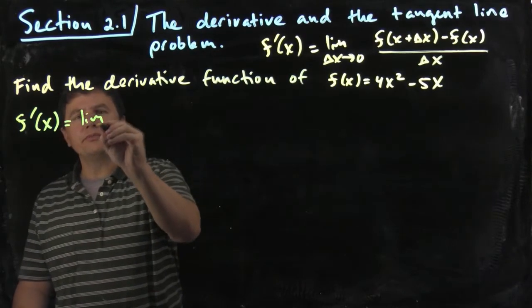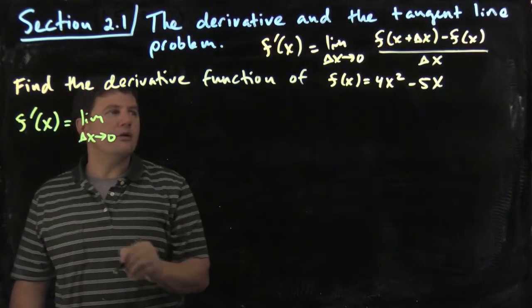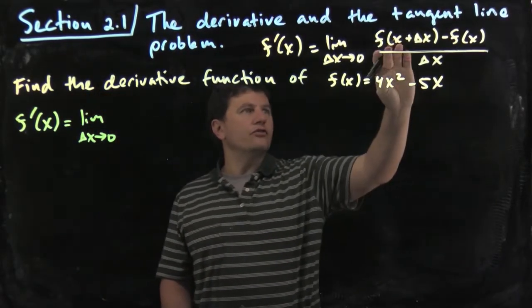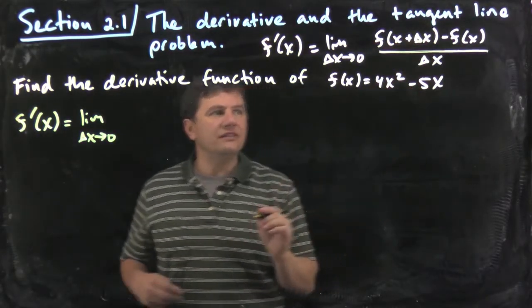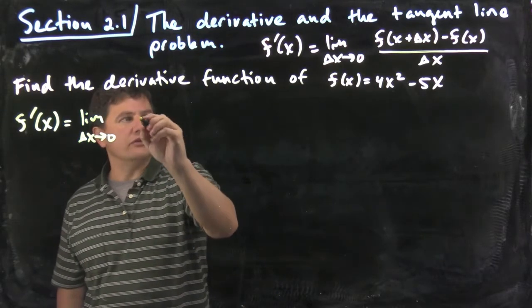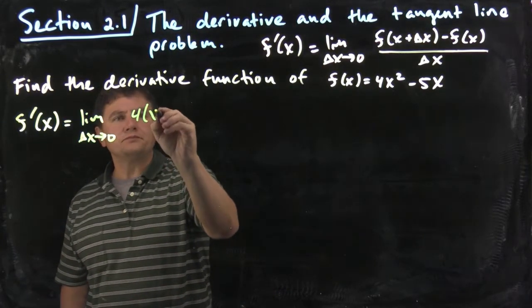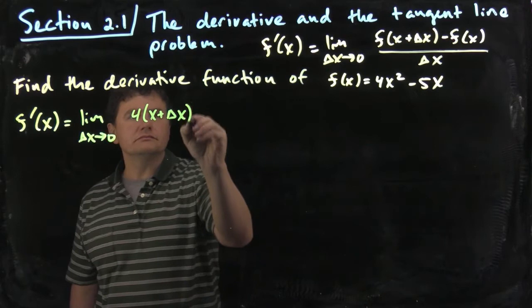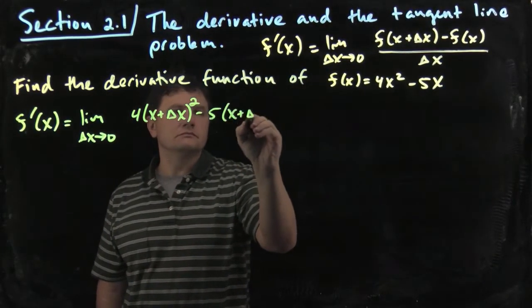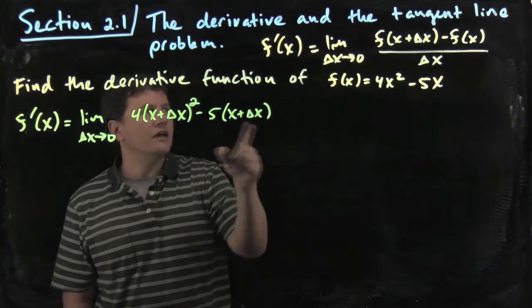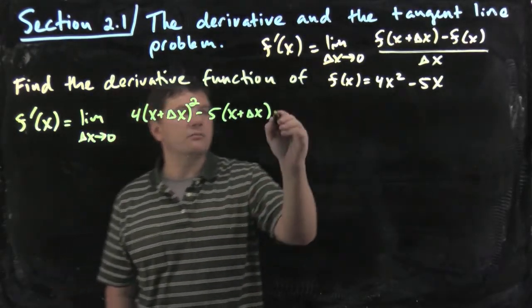This would be the limit as delta x goes to 0. First it's f of x plus delta x, so everywhere I see an x, I'm going to plug in x plus delta x. So that's f of x plus delta x minus f of x.